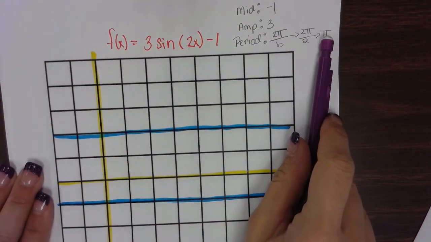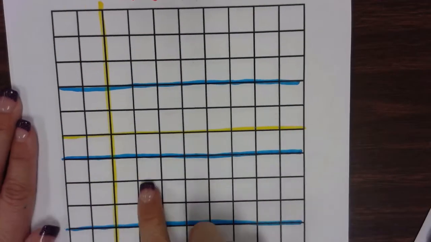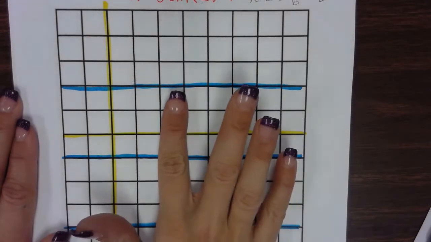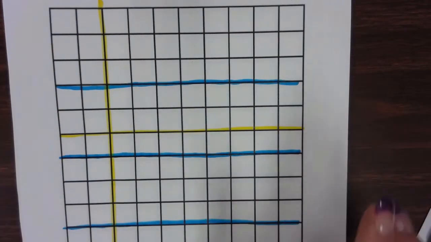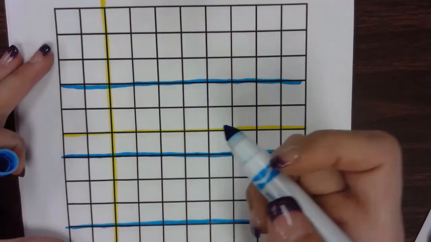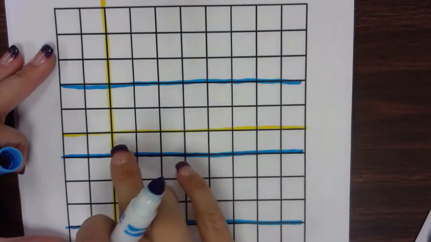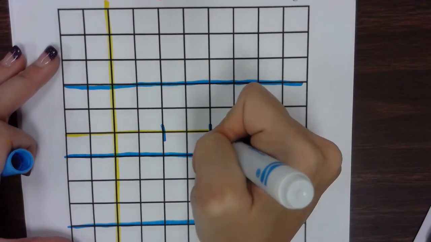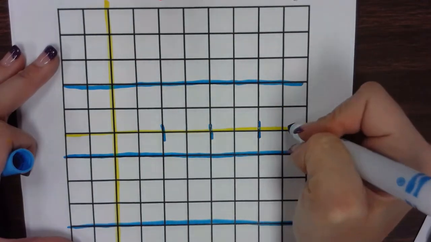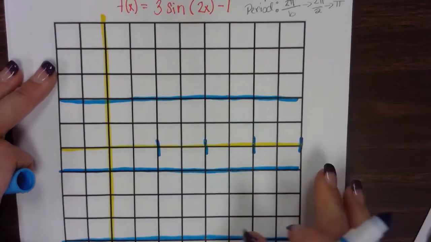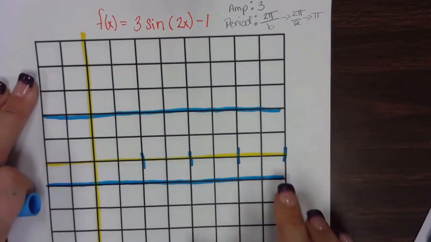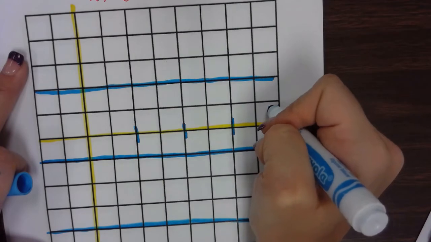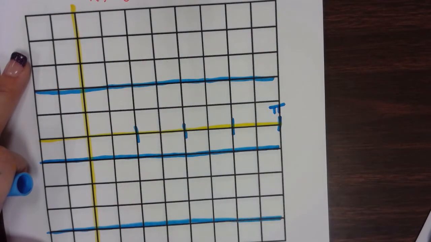Okay, so what does that mean? If you remember, when we graph, we're going to graph the first point, 4 extra points. So I'm going to split that up into every 2. So 1, 2, 3, 4. The period is that last tick mark. So this is at pi.